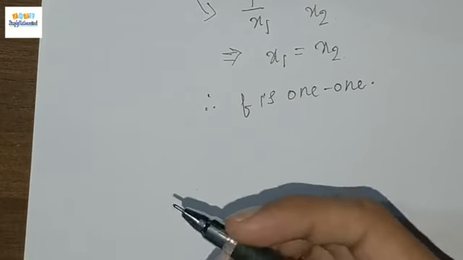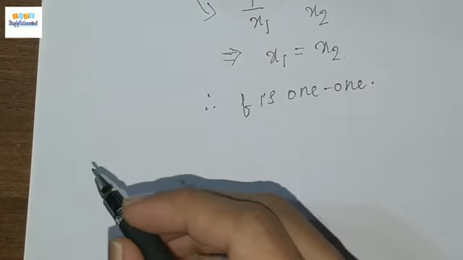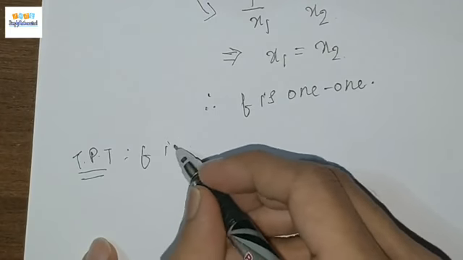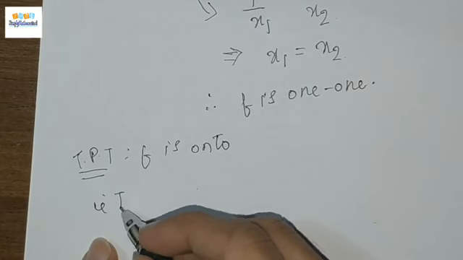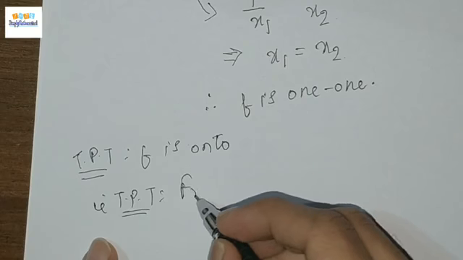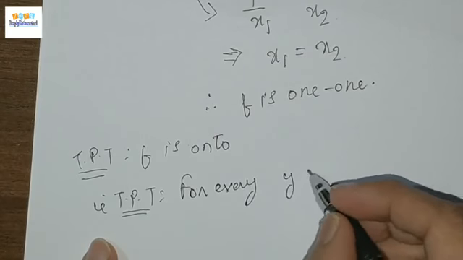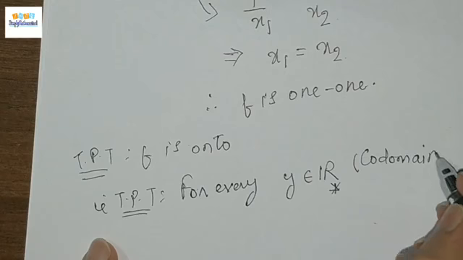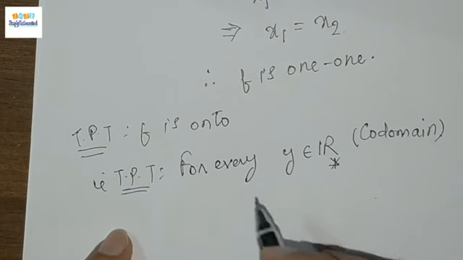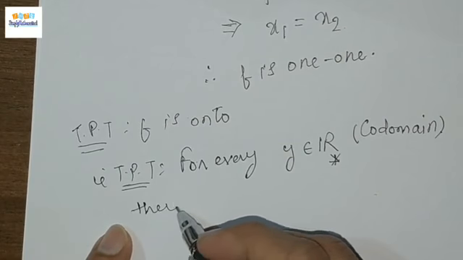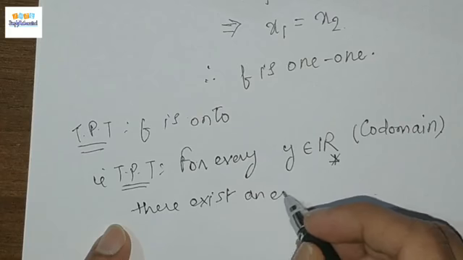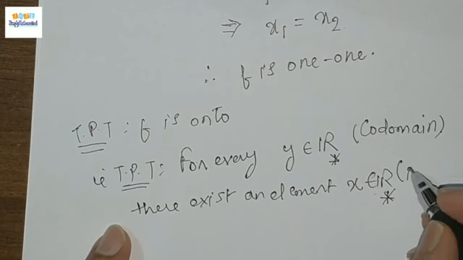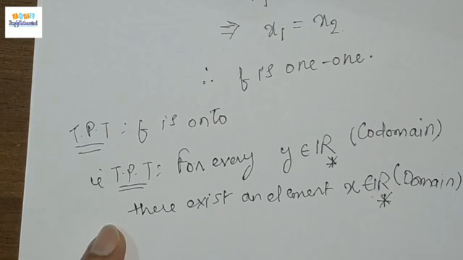Now we have to prove that f is onto. To prove that f is onto, that means we have to prove that for every y belonging to R star, this R star being nothing but the codomain that you are taking, there exists an element x belonging to R star, and this R star is the domain.